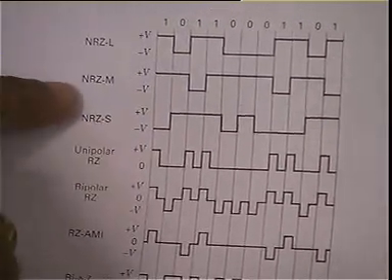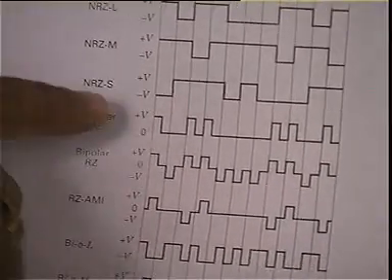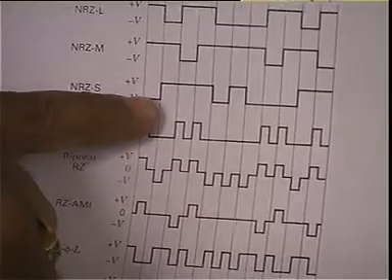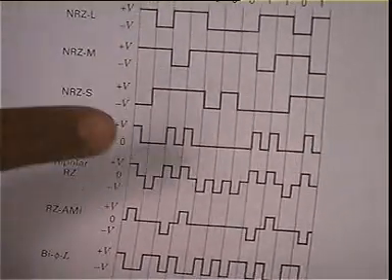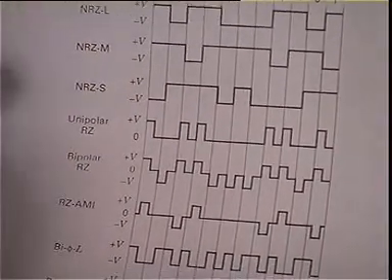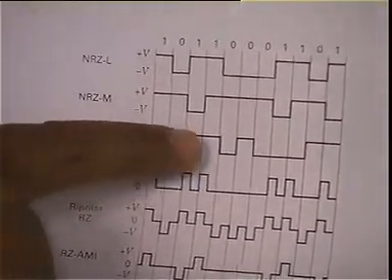NRZ space is similar to NRZ mark except that the transitions occur when you encounter a 0. So in NRZ space, I am denoting 1 by negative voltage. The next bit is 0, so I must have a low to high transition. I continue to be in a high state till I encounter a 0. The next 0 is coming at this position, so accordingly I have a transition.